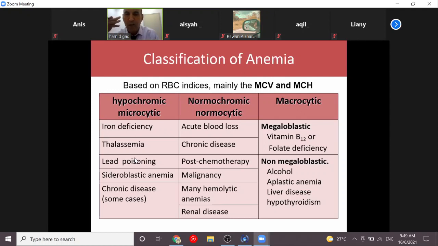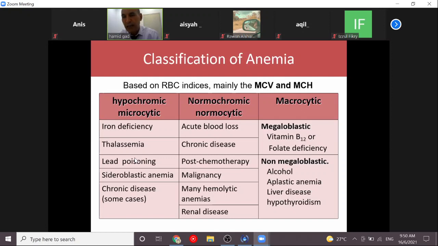Always when you read a complete blood count regarding red blood cells, check the hemoglobin, check MCV, check the MCH. Of course, you have to check the others, but these are the 3 main things related to anemia. Sometimes we check the hematocrit, the erythrocyte count, and the others, which we will discuss later. But to classify anemia, you look for these 3 things: MCV, MCH, and hemoglobin.